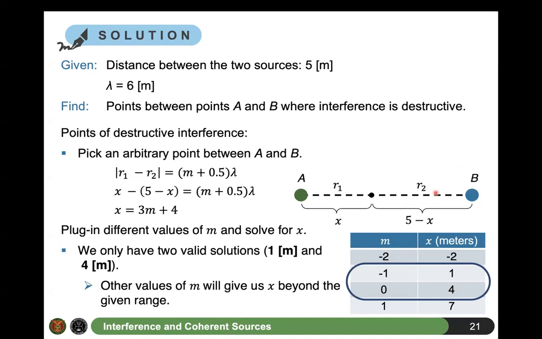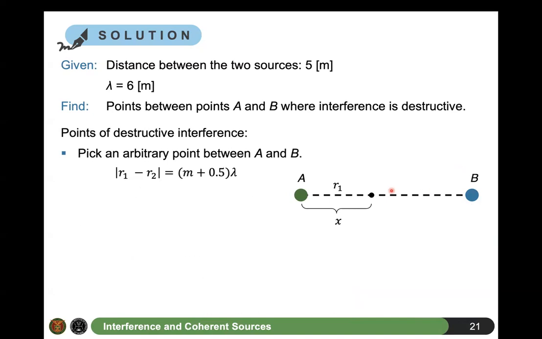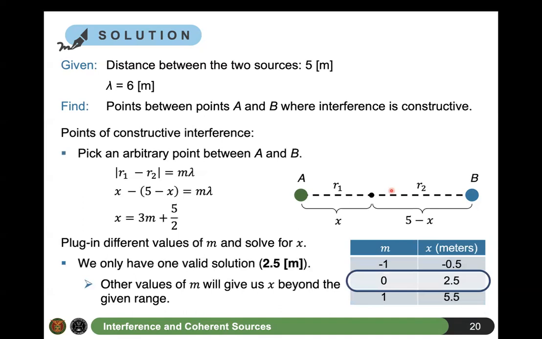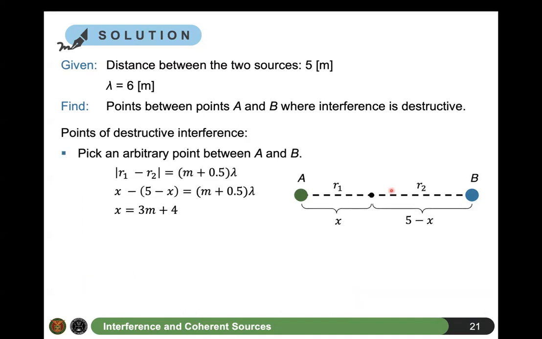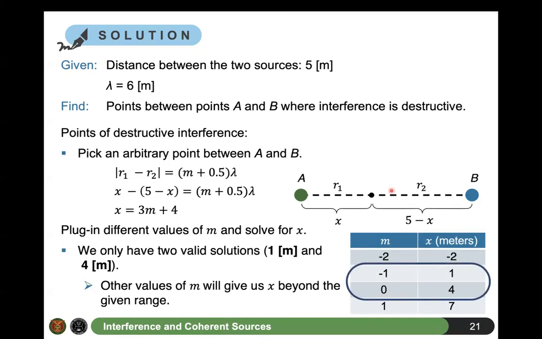Dun lang magkakaroon ng destructive interference. And then, constructive sa gitna, at 2.5. So, ganun lang. Check nyo muna kung ano yung mga valid solutions by plugging values for M.